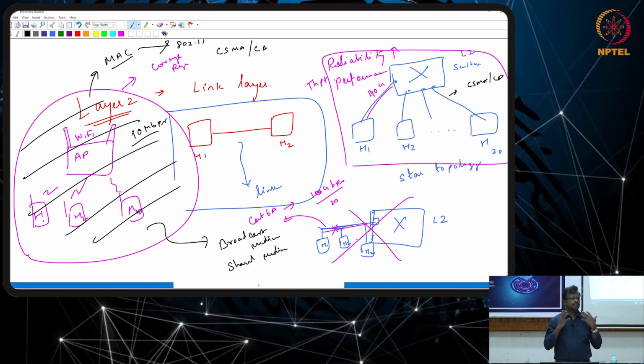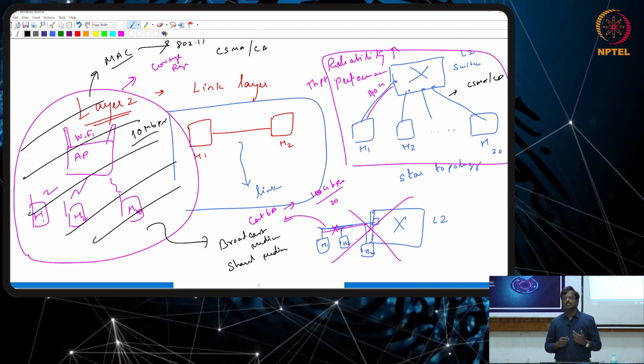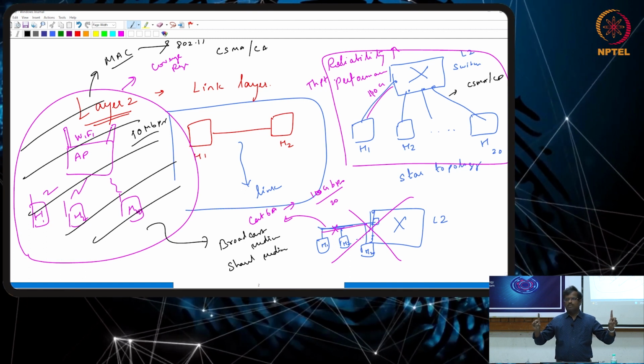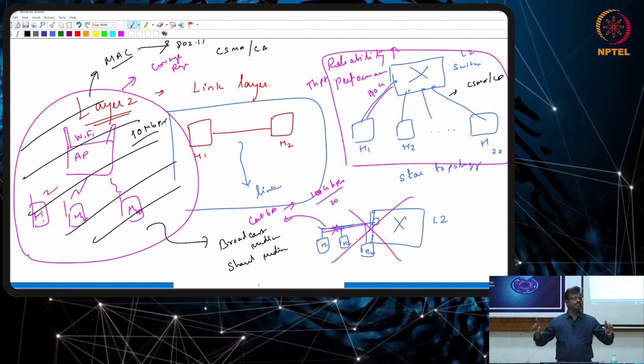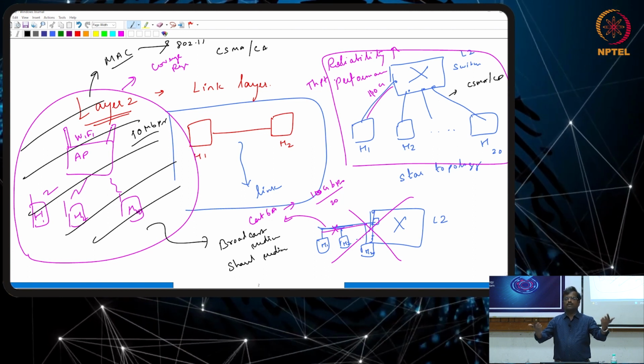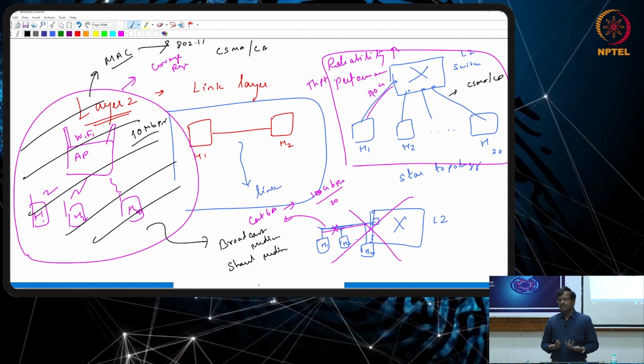What you do is sense the environment. If the environment is silent, then you start asking me a question. But even there, if two people want to ask a question, there is a chance that both of you will be sensing the environment and simultaneously ask me a question, which leads to a collision.